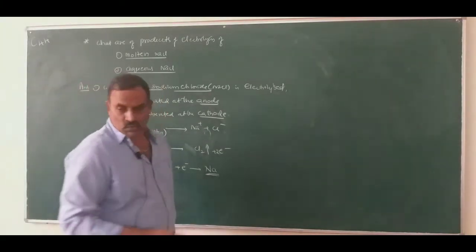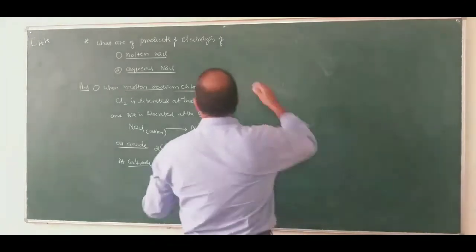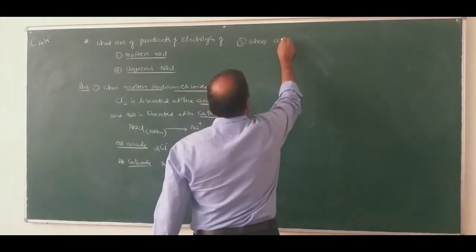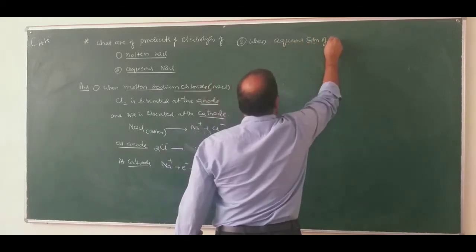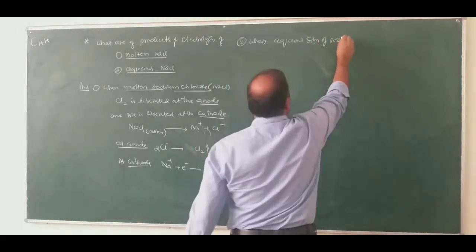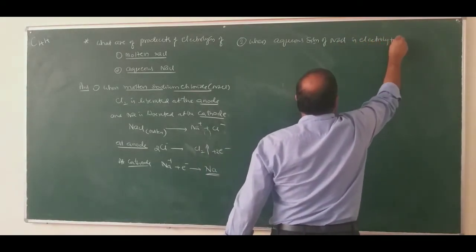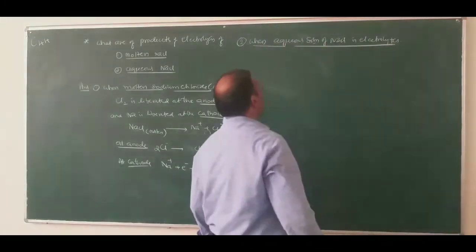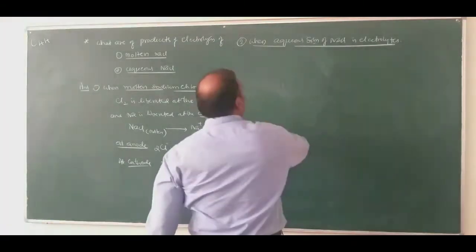Next, coming to products of electrolysis, number 2: when an aqueous solution of NaCl, sodium chloride, is electrolyzed. So this is the important question. What are the products of electrolysis of aqueous solution of sodium chloride?